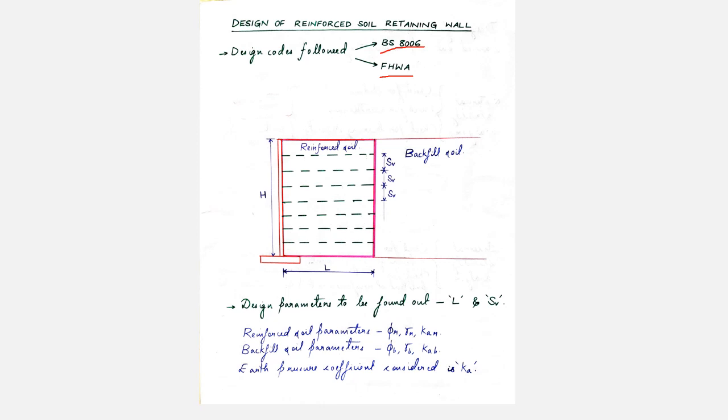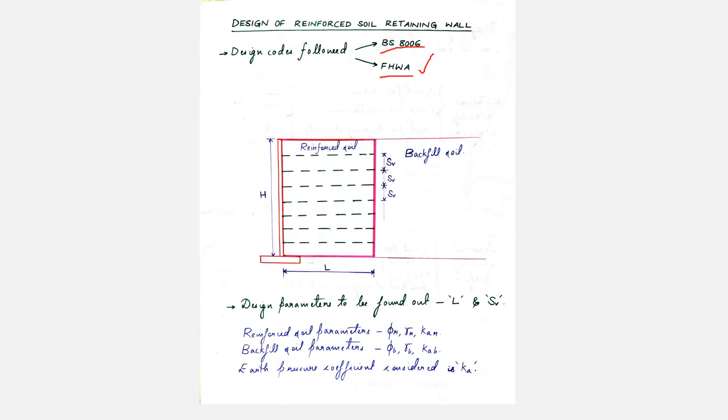If you want to know more about the differences, you can refer to the PPT which I had shared with you. Comparatively, the Federal Highway Administration Code is a simpler design procedure. So for our design also, we will be following the guidelines furnished in the Federal Highway Administration Code.